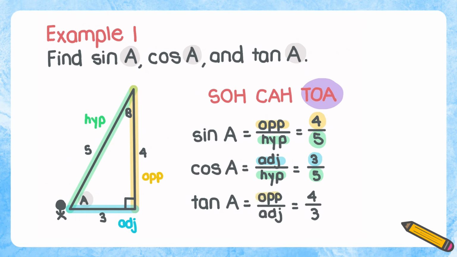So tangent of A equals 4 over 3, where 4 is the length of the opposite side, and 3 is the length of the adjacent side. So here we were able to set up the 3 trig ratios, sine of A, cosine of A, and tangent of A, by using the idea of SOHCAHTOA.